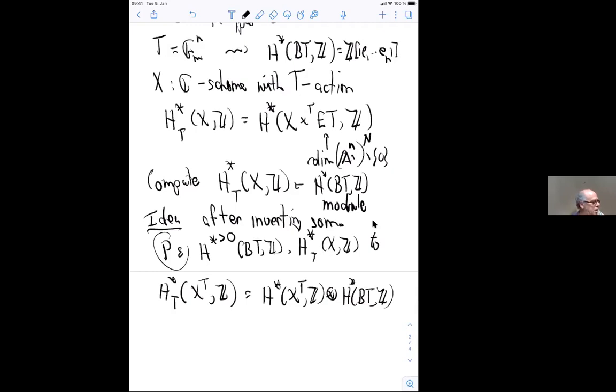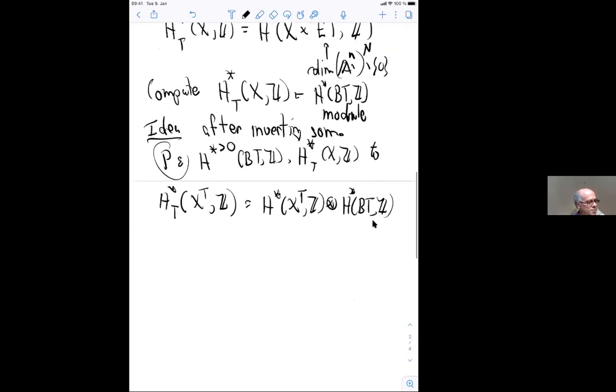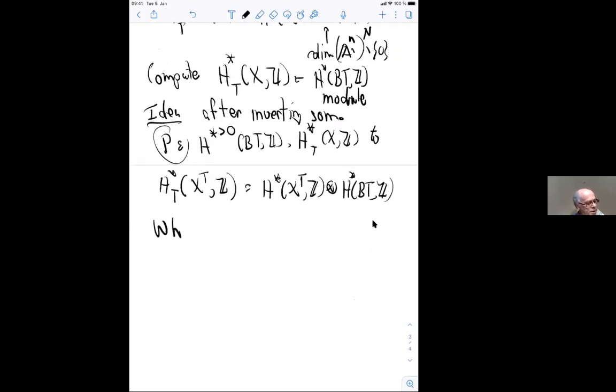So where does this come from? It's pretty simple. Why is this? Well, you stratify your space by the orbits, and the orbit type remains constant over locally closed subsets of various quotient spaces. So the main point is to see this kind of vanishing for an orbit. There'll only be finitely many orbit types.